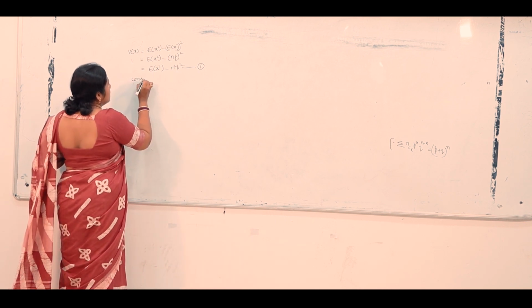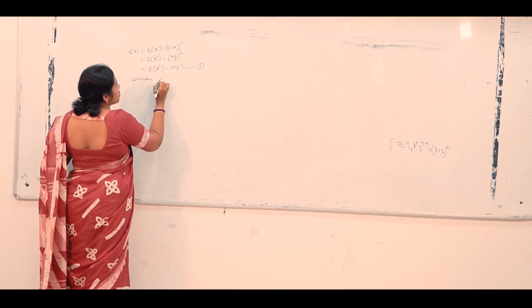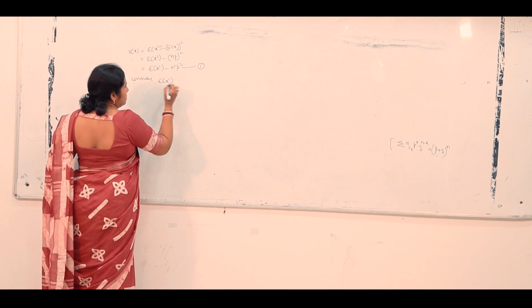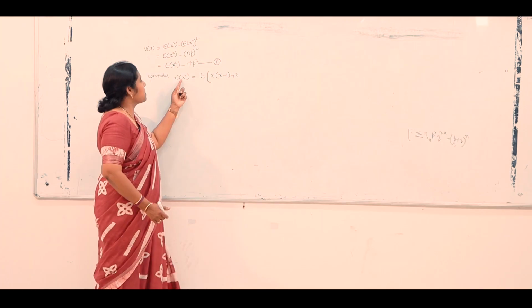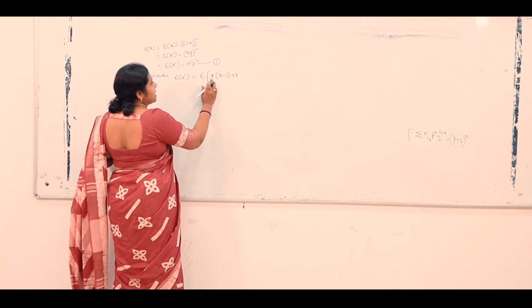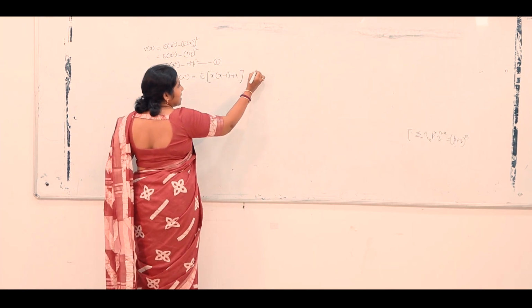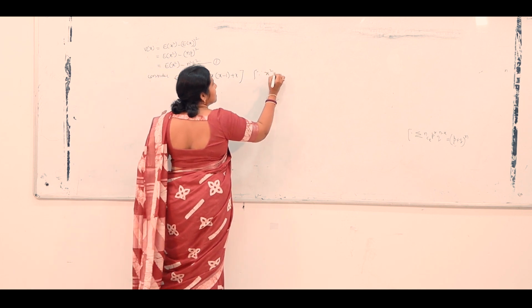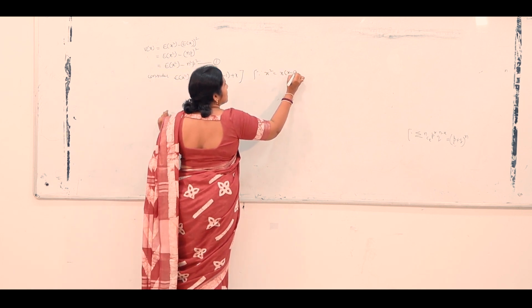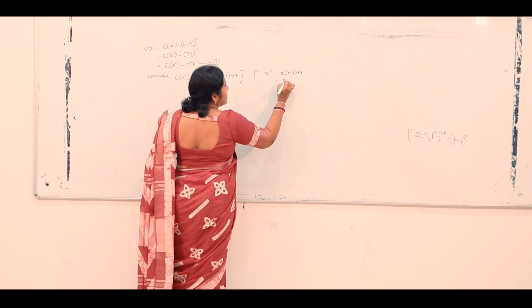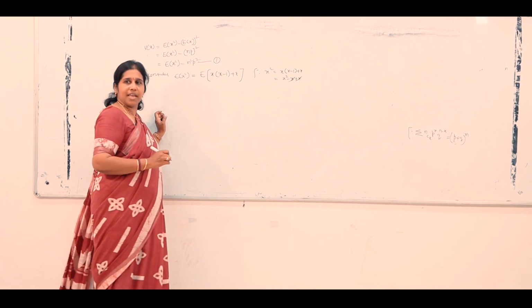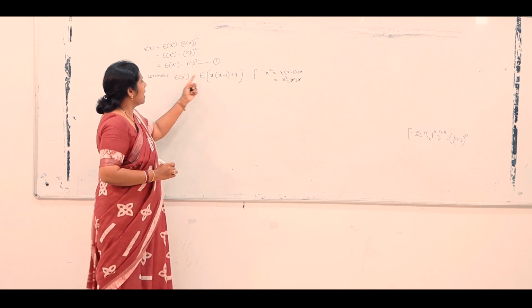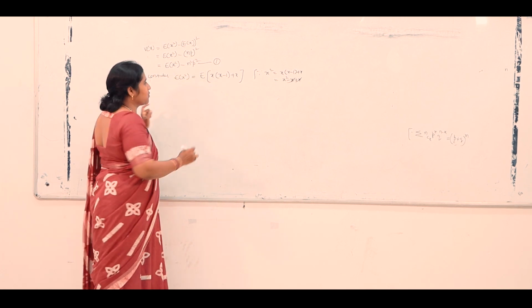So consider expectation of x square. You have a formula to write your x square. So this expectation of x square, you can write as x into x minus 1 plus x. If you simplify this, x square minus x plus x, you'll be getting your x square. So in place of x square, I'm writing x into x minus 1 plus x.